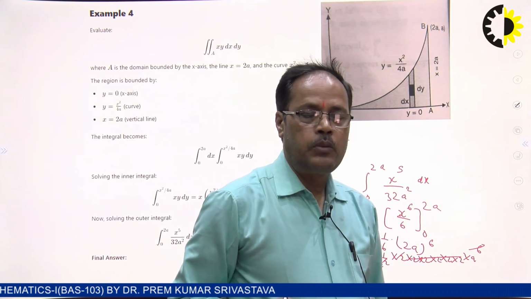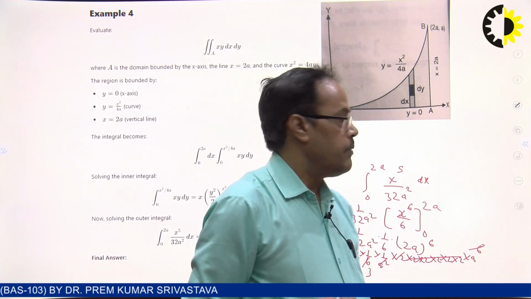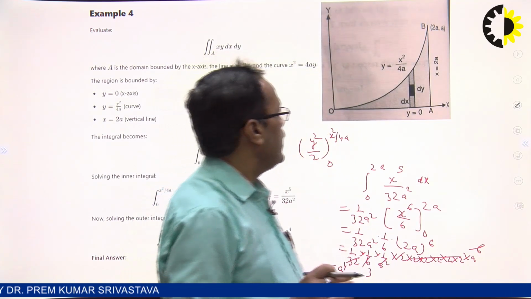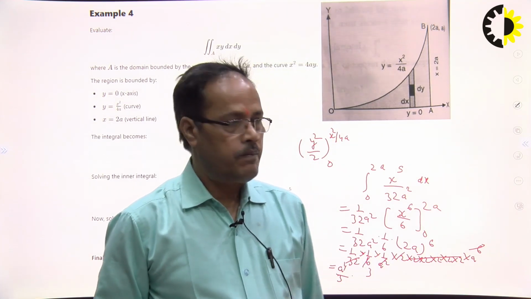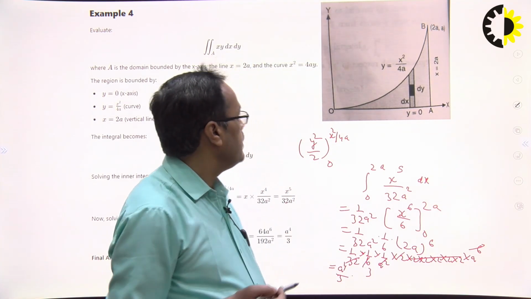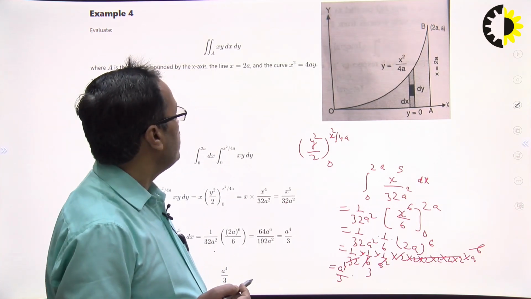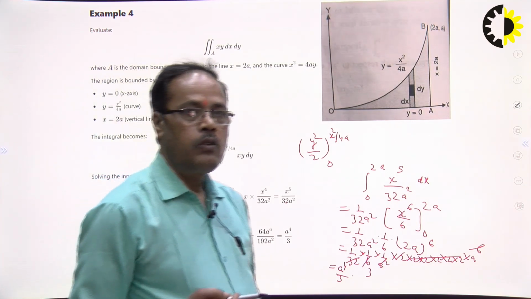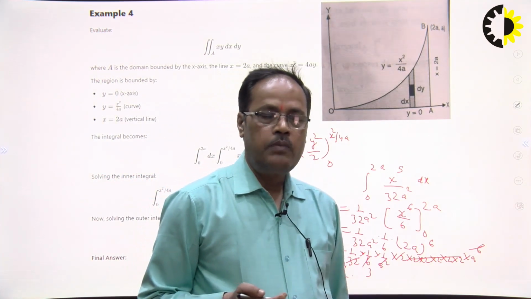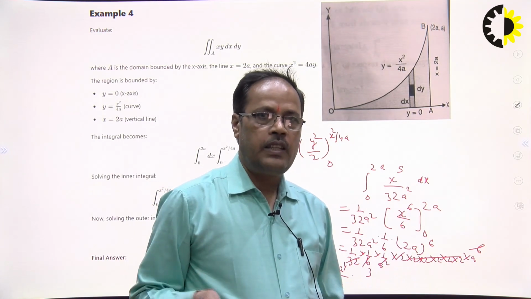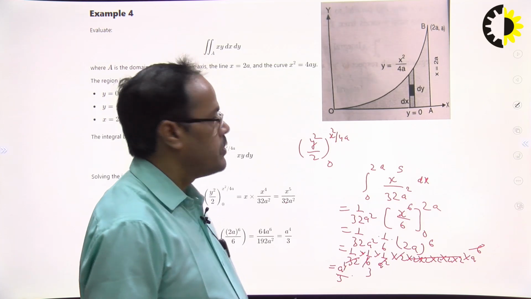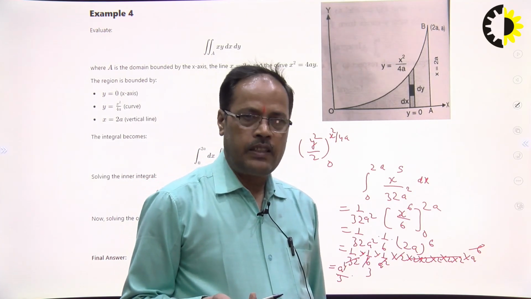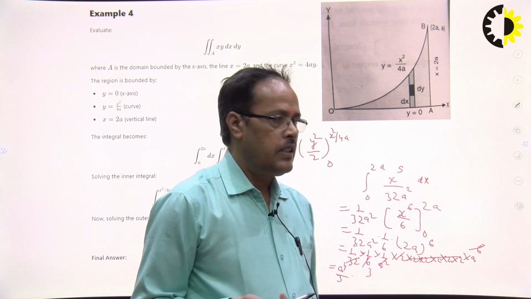When the limits of a double integral are given, if the limit is in terms of x, then we integrate with respect to y, and if the limit is in terms of y, then we integrate with respect to x. If both limits are constants, then we integrate either x or y first, or vice versa.